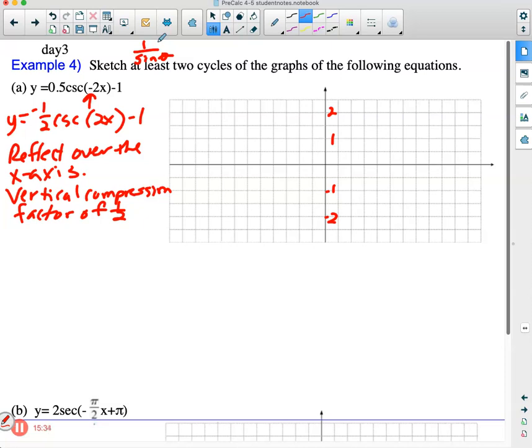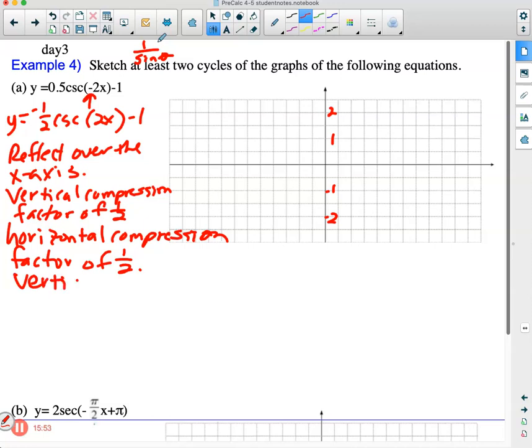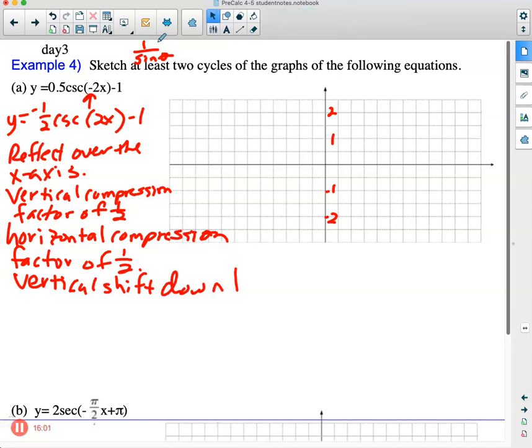We've got the vertical compression of 1/2, and then we have the 2, which is a horizontal compression factor of 1/2. And then the -1 in the back is, of course, a vertical shift down 1. All right. So let me go ahead and put my helper on here, which is my vertical shift of down 1.